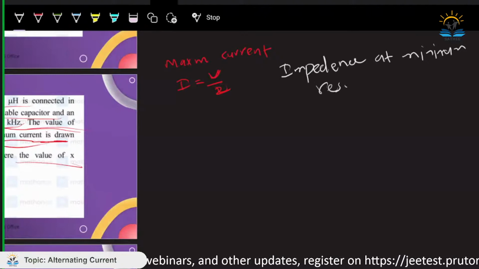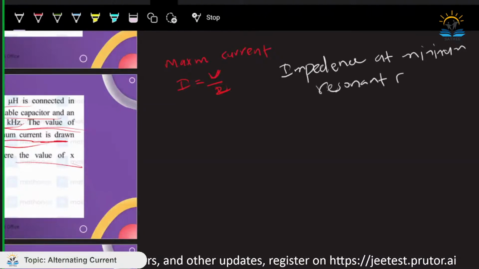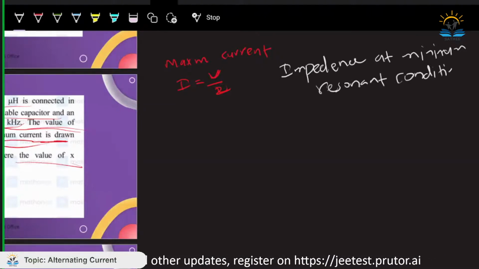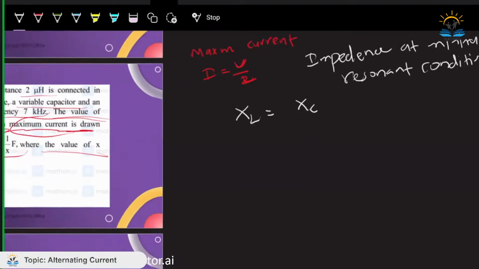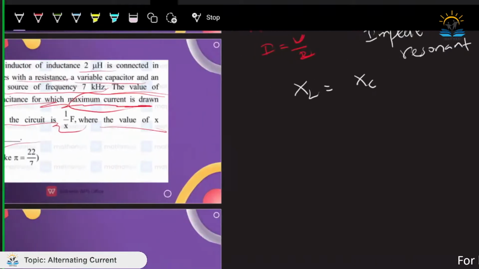Yes, resonant condition. At resonance we know that XL equal to XC, then only Z becomes R, since Z is root of R square plus XL minus XC whole square, and XL equal to XC makes XL minus XC zero.